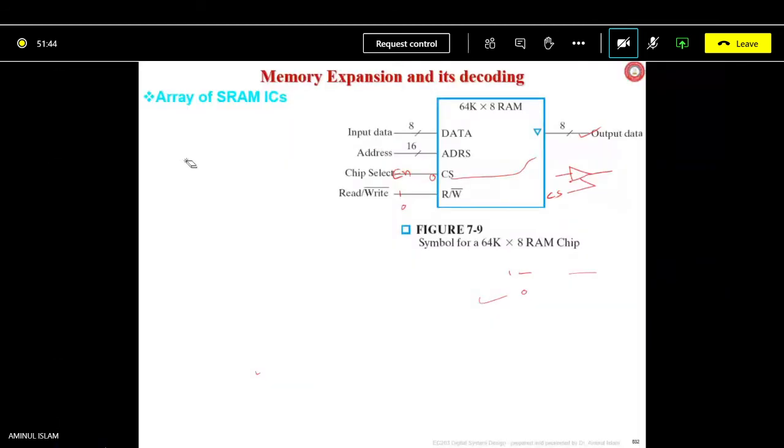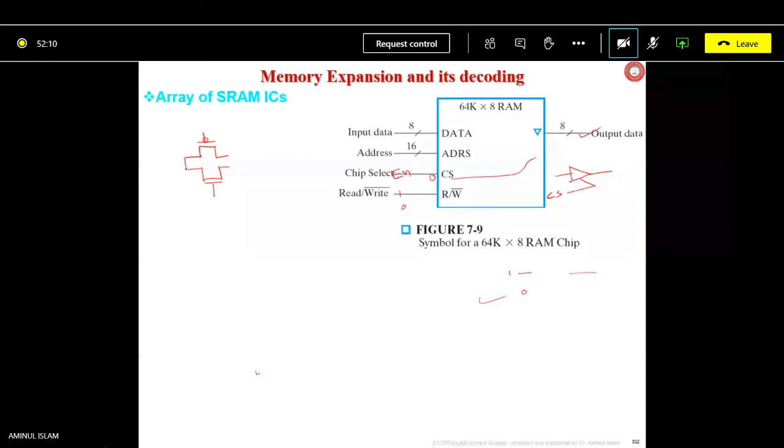Suppose, what is this MOSFET? And what is this MOSFET? Tell. So the top one is PMOS, the bottom one is NMOS.